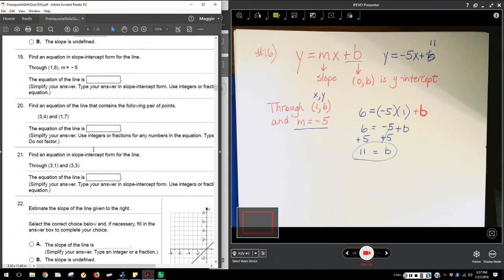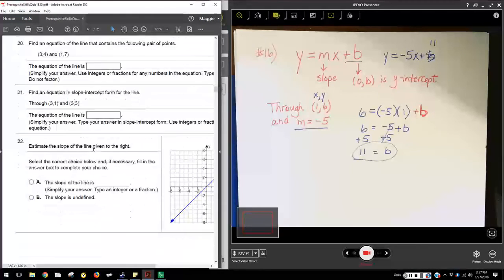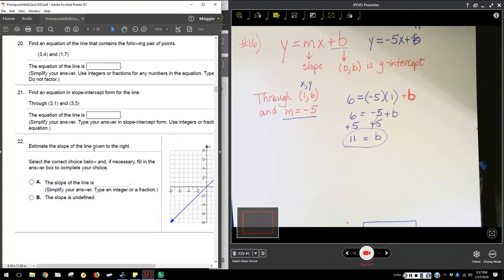Now, number 20 isn't much more difficult. The only difference is in number 20, I first have to find the slope.